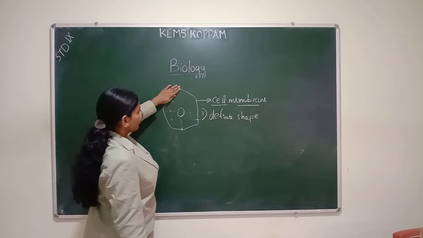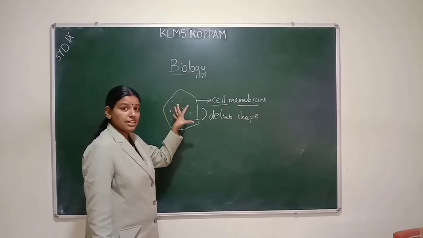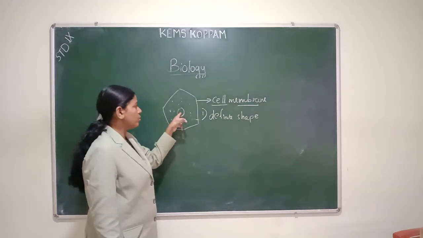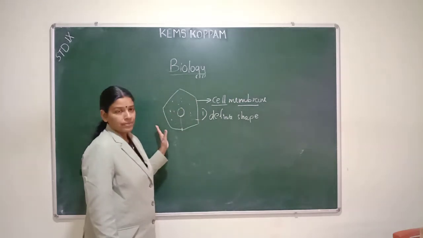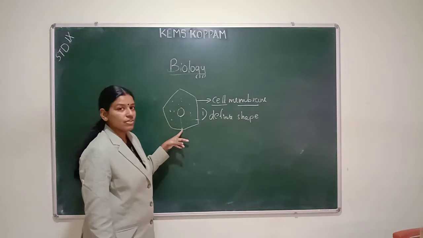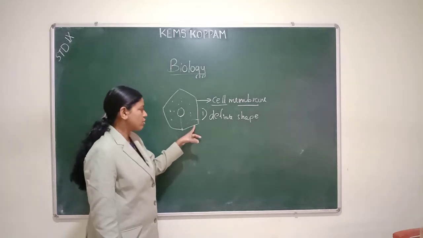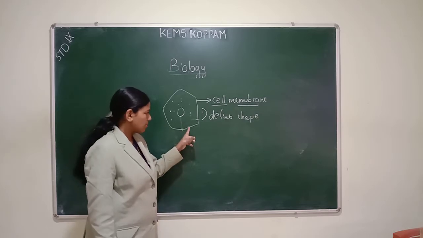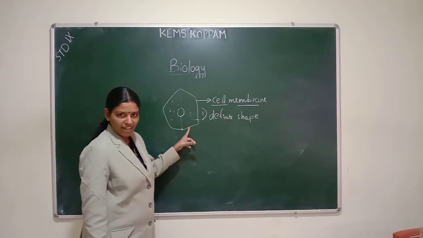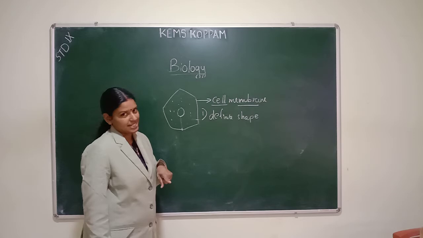Consider if there is no cell membrane, what would the cell look like? Only a nucleus and a fluid part outside. So the cell membrane gives it a definite shape and also separates one cell from the next cell, like a wall.